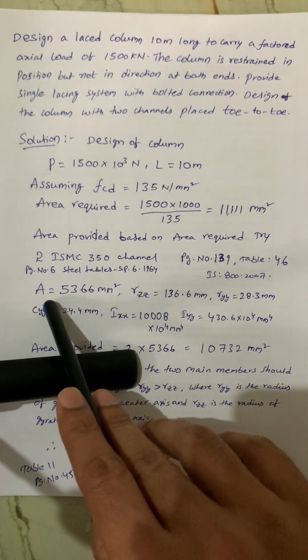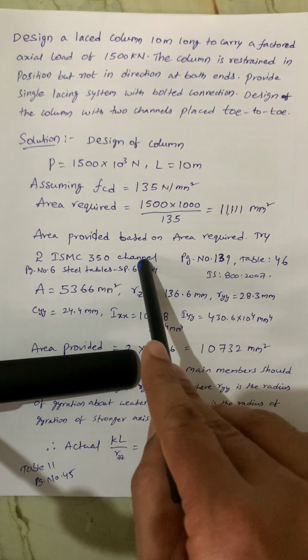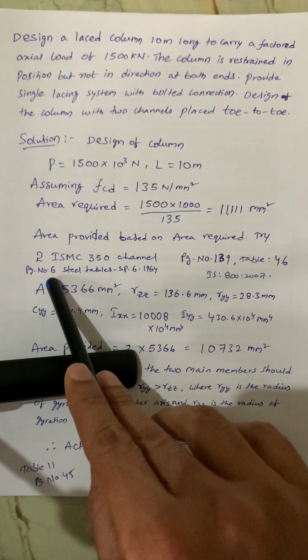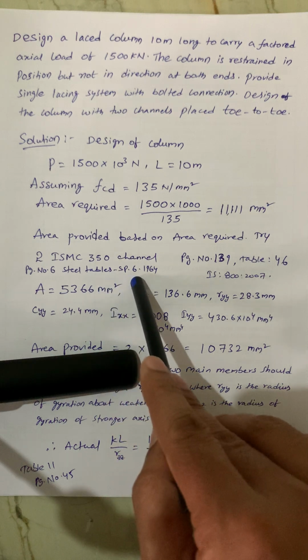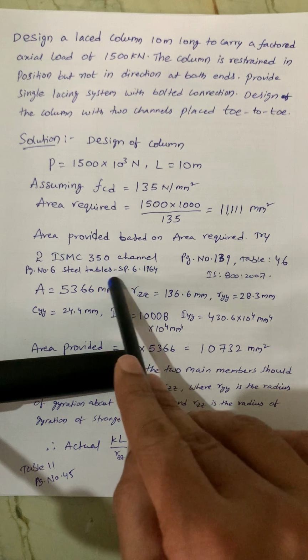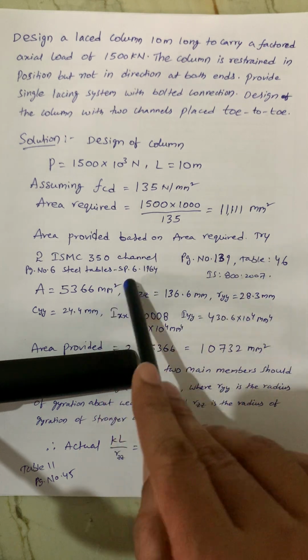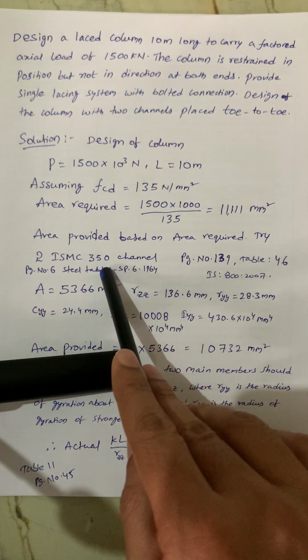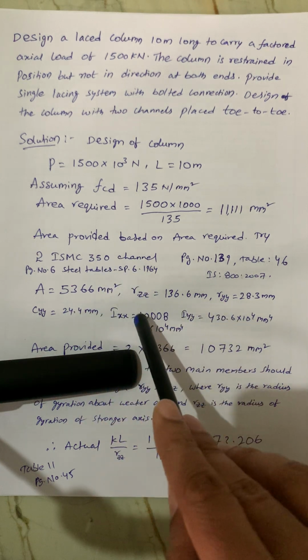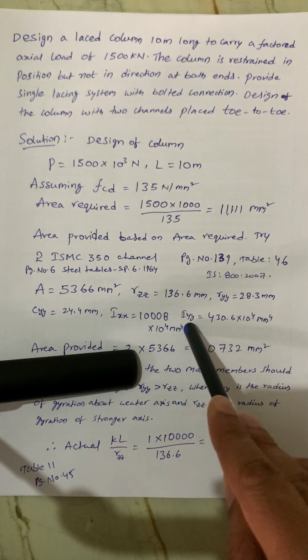The area value, RZZ, I mean the ISMC 350 channel section values, are available on page number 6 of the Steel Tables, SP6 1964 book. You can purchase this book, or you can download it online also. For this ISMC 350, all these values are available: RZZ, RYY, CYY, IXX, and IYY.